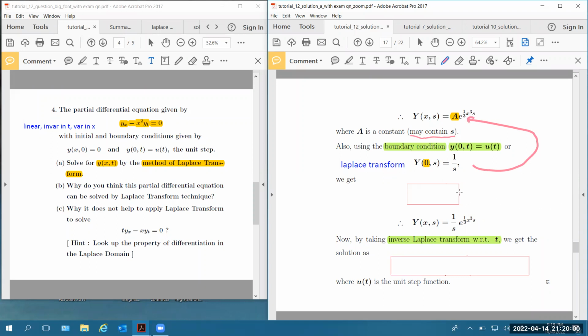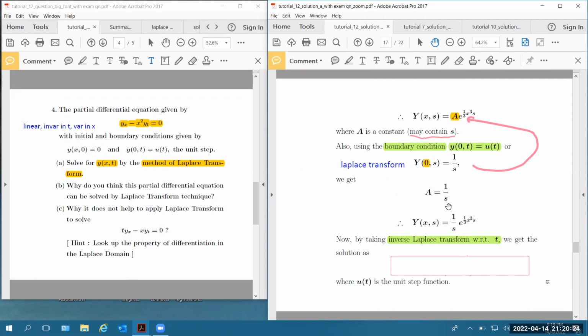What you're going to do now is substitute x as 0. When you do this, you will actually get a, since x is 0. Then over here, Y(0,s) is 1 over s. So immediately you get your a.